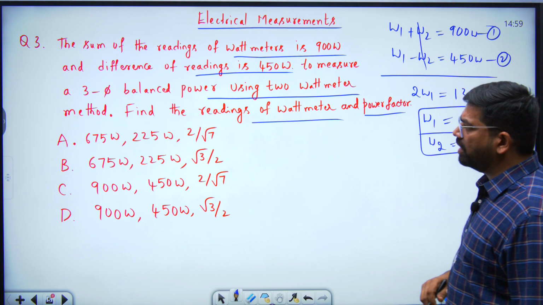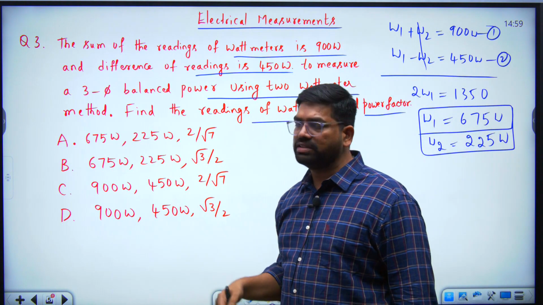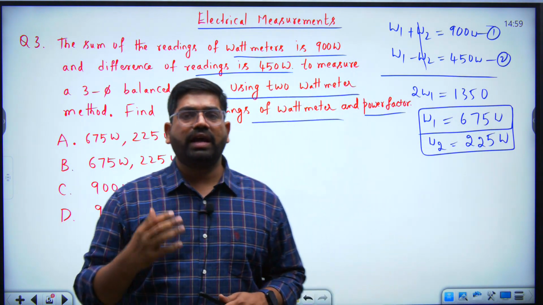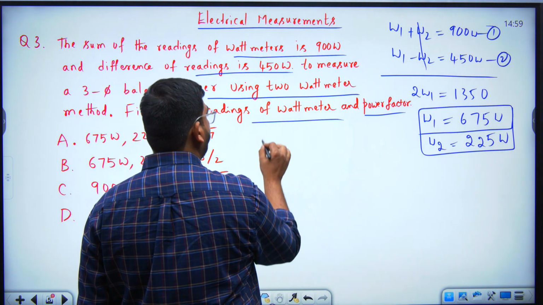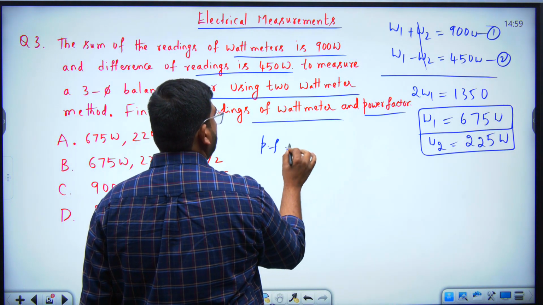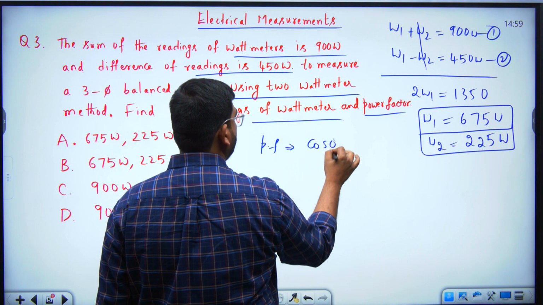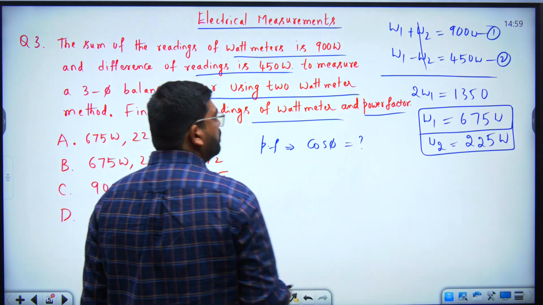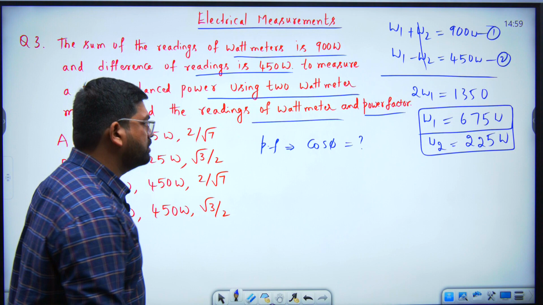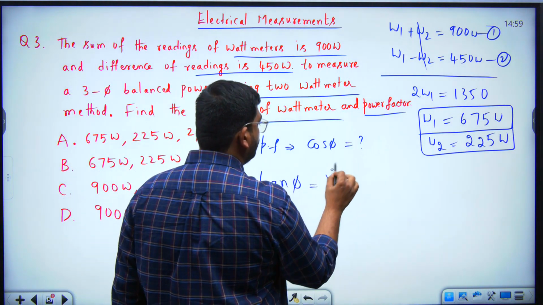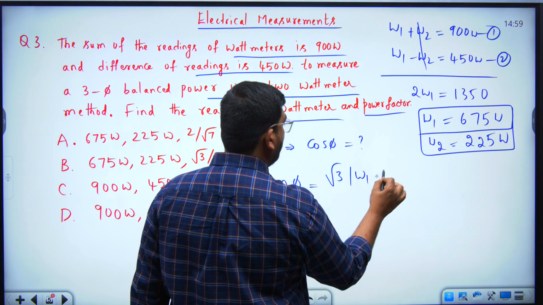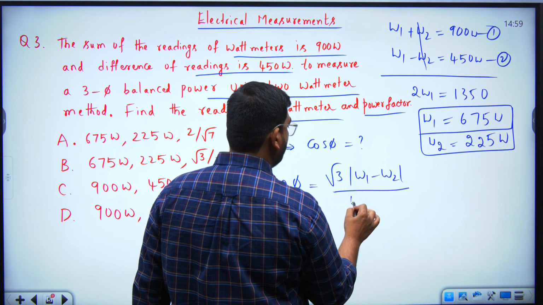Now for the rest, once you are able to find the correct power factor, then only you can get the answer. So how to get the power factor? Power factor is nothing but cos phi. But when we have two wattmeter readings, we know tan phi. Tan phi is equal to root 3 into (W1 minus W2) by (W1 plus W2).